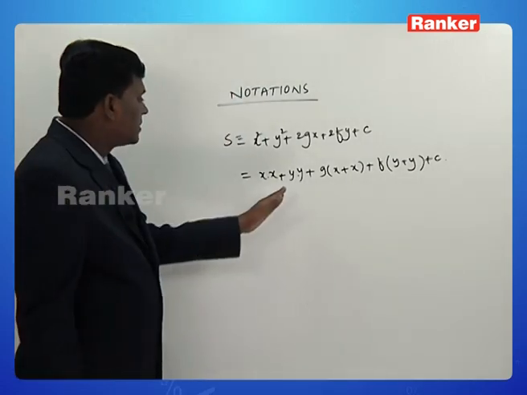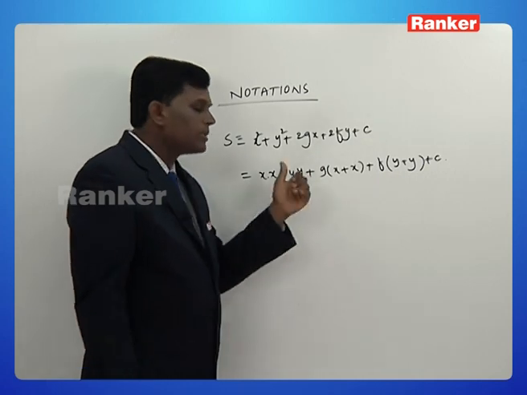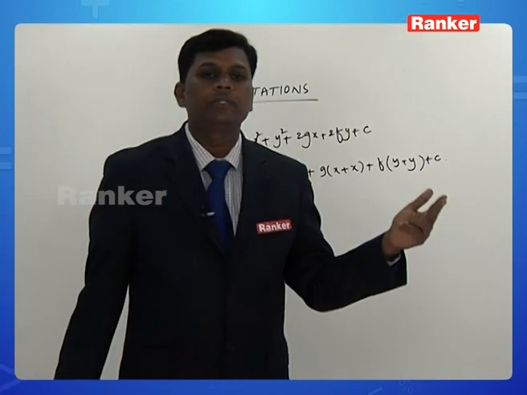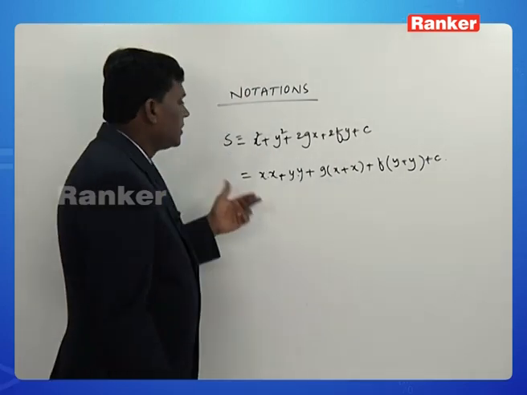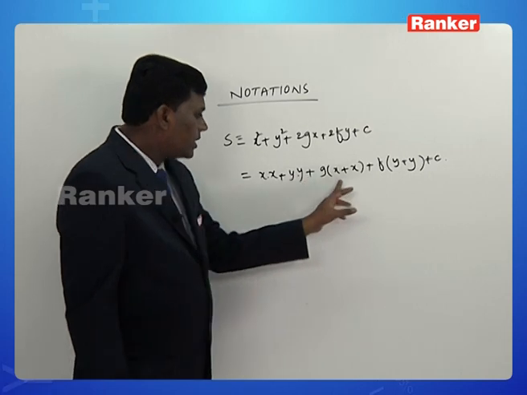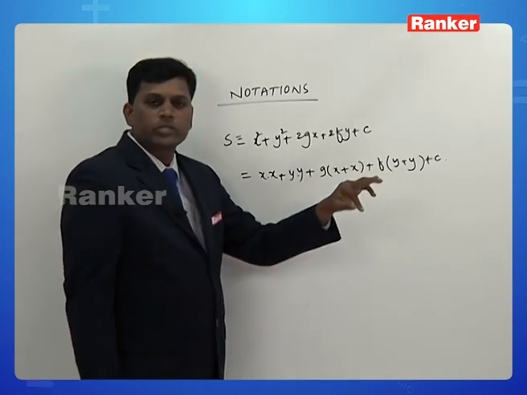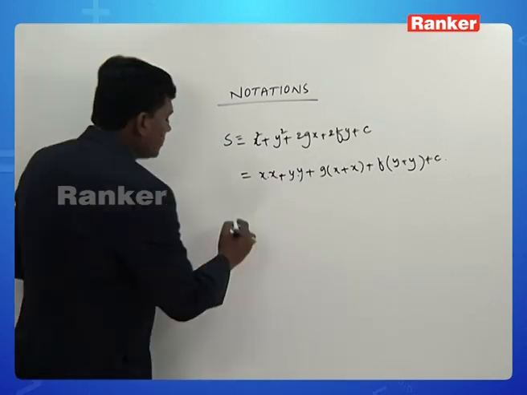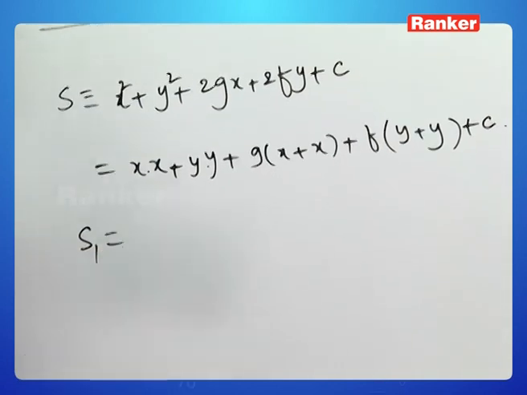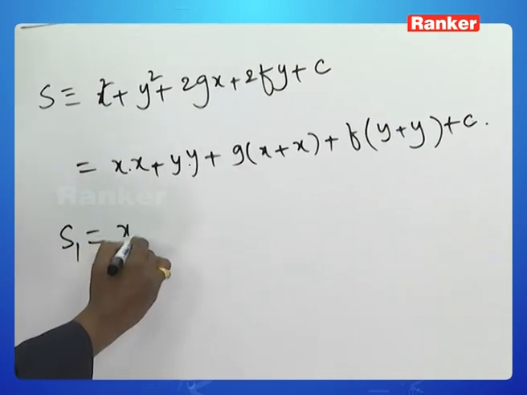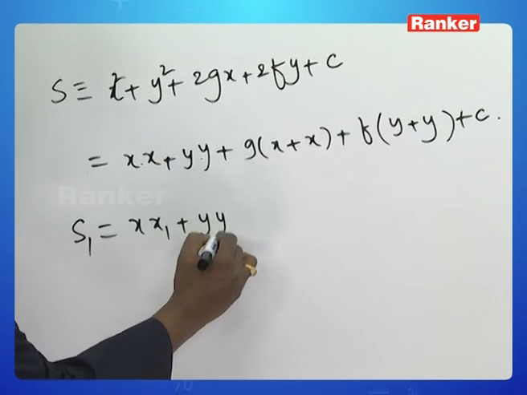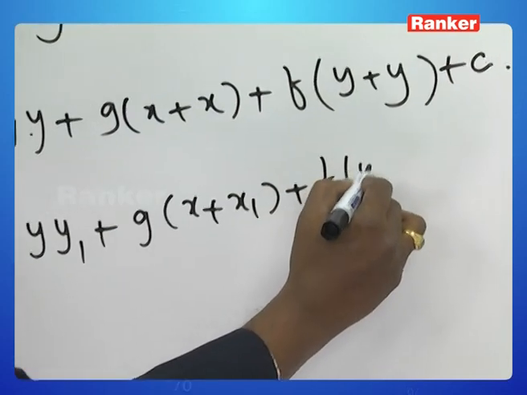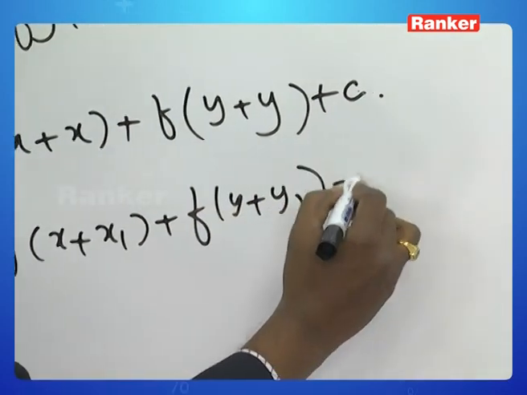Now in this, except the constant term, every other term contains either a product of two same variables or a sum of the same variables. Now if you replace one variable in this with x1 or y1, that can be taken as the notation S1. For example, here in S1, replace one of these x with x1 and one of the y's with y1: x x1 plus y y1 plus g into x plus x1, f into y plus y1, plus c.